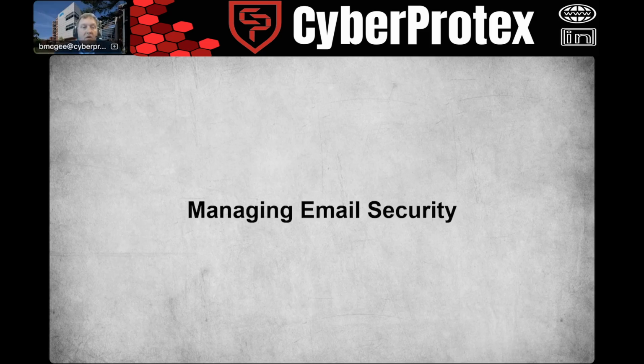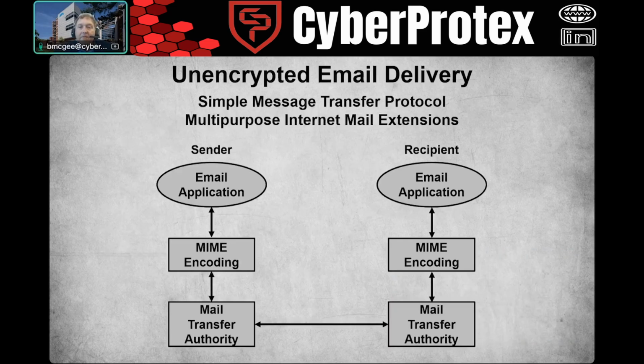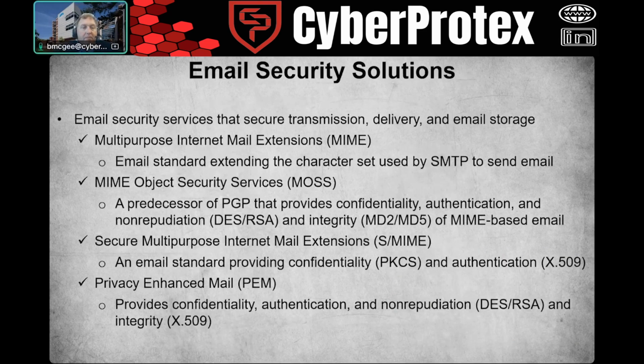So all of us use emails, and you may use this thing called S/MIME. If you're not familiar with that, it is the Secure Multipurpose Internet Mail Extensions, and that's typically used for public key cryptographic services using X.509 certificates.